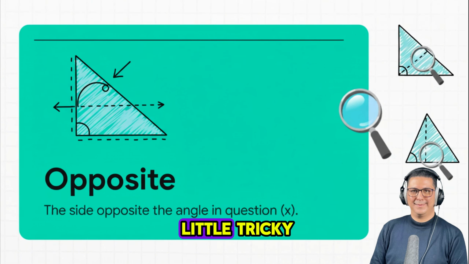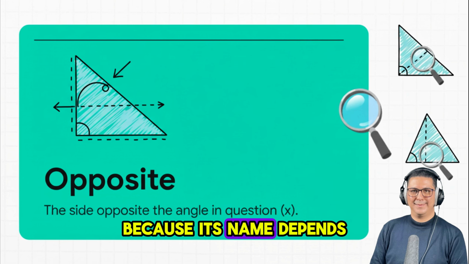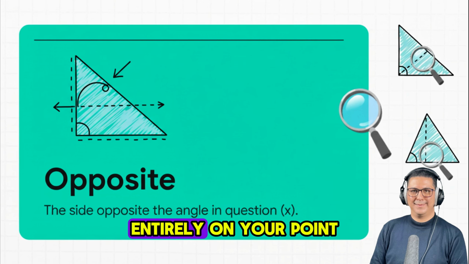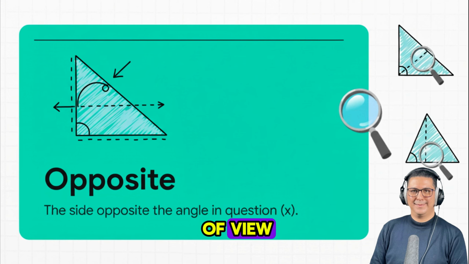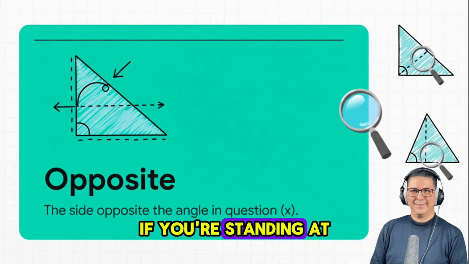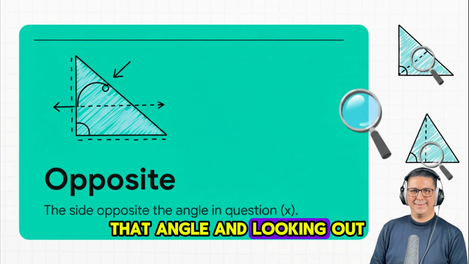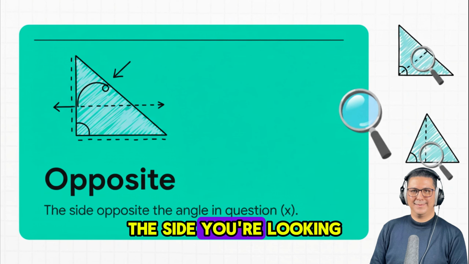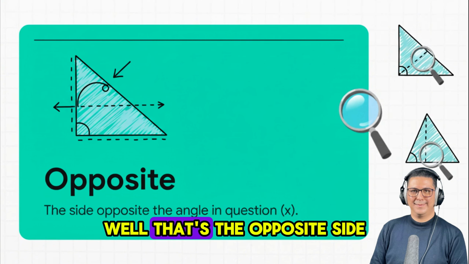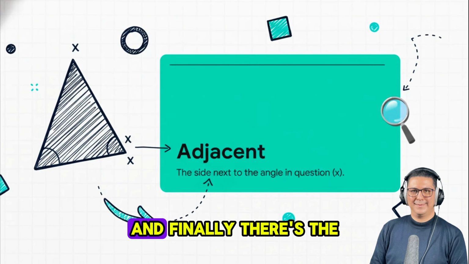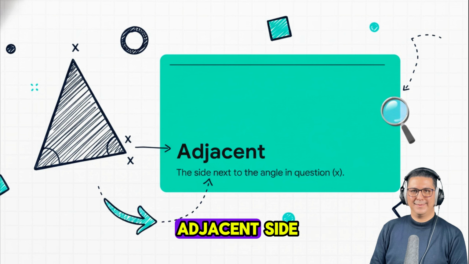Next up is the opposite side. Now, this one's a little tricky because its name depends entirely on your point of view. See that angle we've marked X? If you're standing at that angle and looking out, the side you're looking directly at, well, that's the opposite side. And finally, there's the adjacent side.